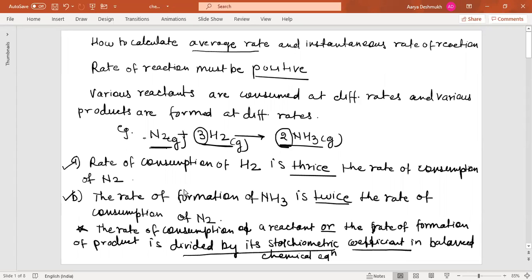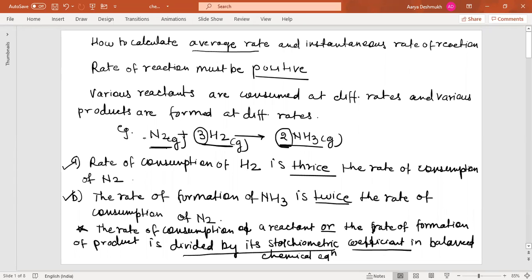So these two statements were written with respect to nitrogen. While solving problems also, the data is given in such a way that only one thing is given, and with respect to that given thing, you are supposed to solve the problem. Okay, so this will be more clear when you actually solve the problems.